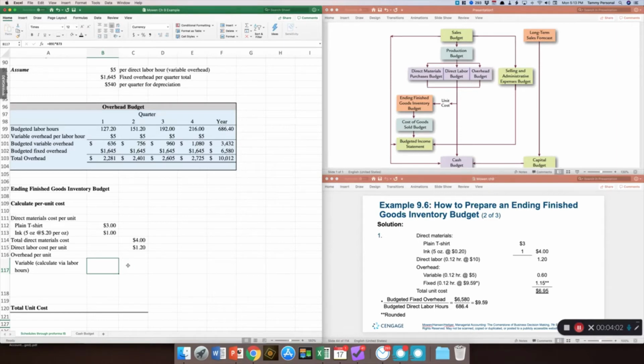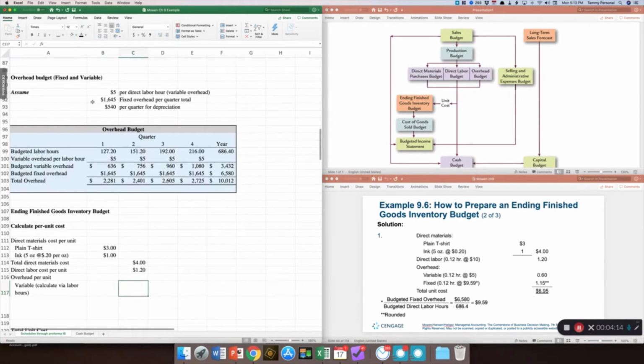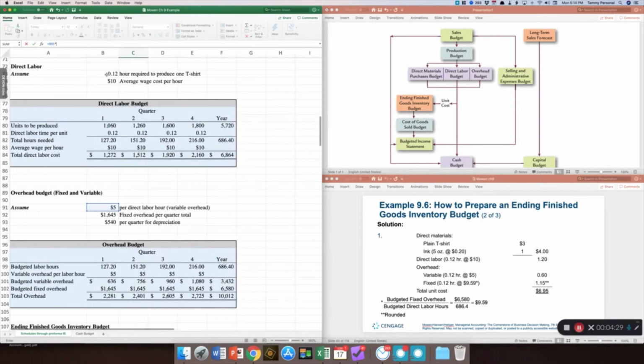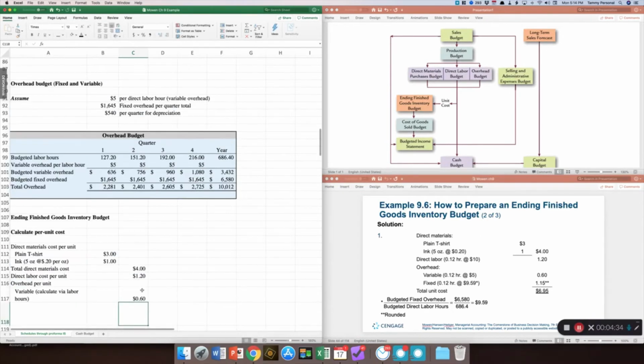That's pretty straightforward. So our variable overhead is going to be our $5 per direct labor hour, which we pick up from here. And then we multiply that times the number of hours it takes to make a t-shirt. So that's going to give us 60 cents, which is what we are expecting.